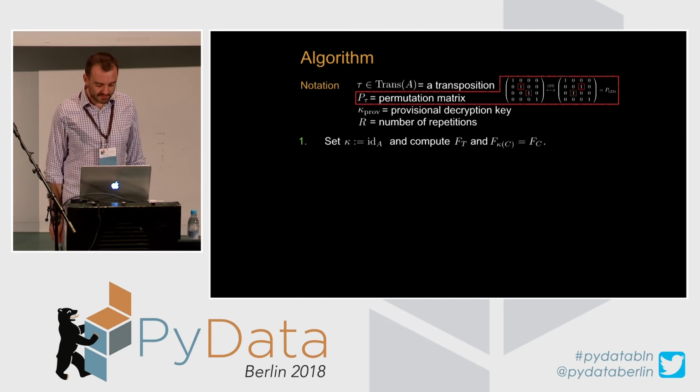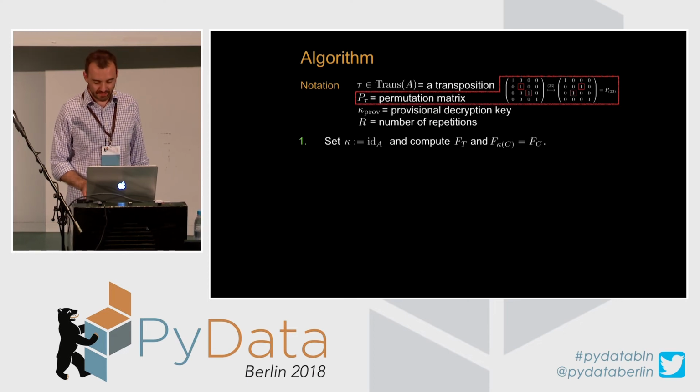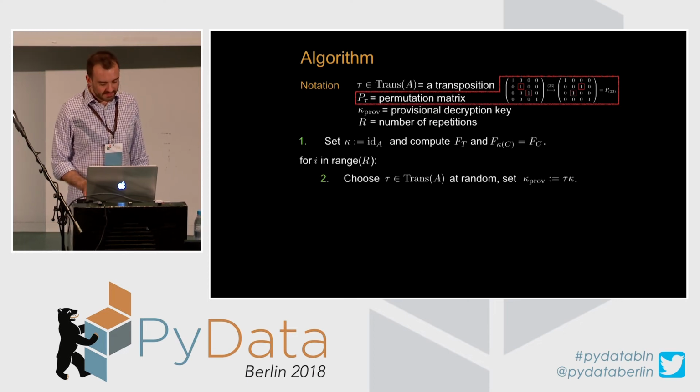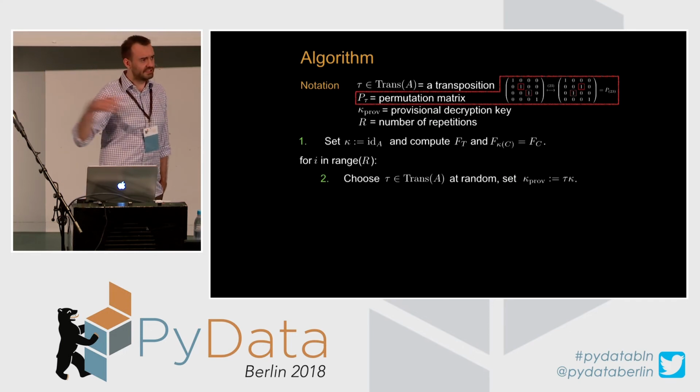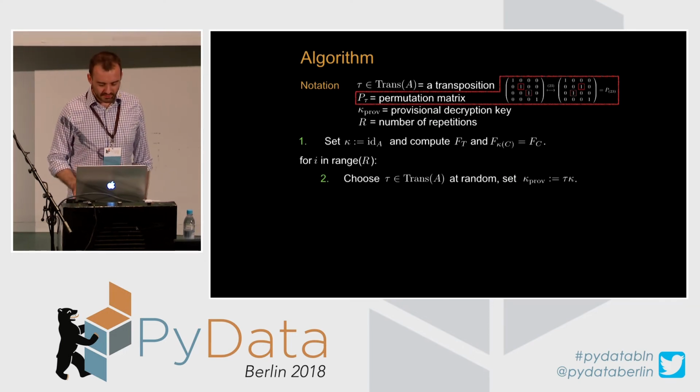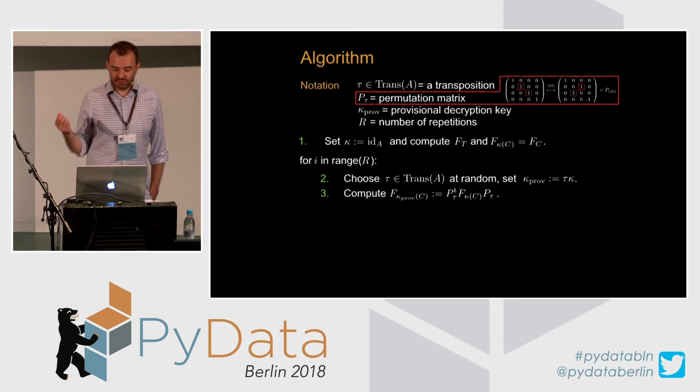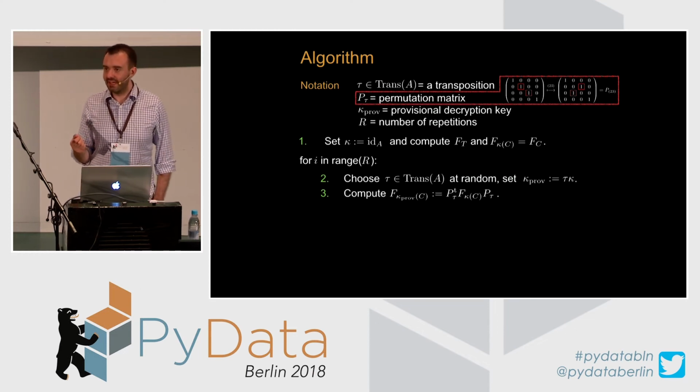So I'm going to start off at the beginning by just setting k equal to the identity, and then I'll compute the frequency matrices FT and FKC. Then this time, instead of looping over all the permutations, which is sort of impossible, for each permutation in range R, I'm going to just choose at random a swap, and set my provisional key equal to that swap times the existing thing. Then I'm going to ask, has that improved?